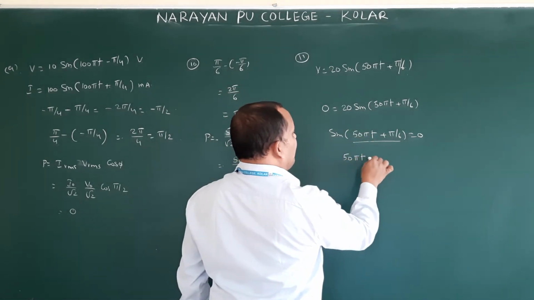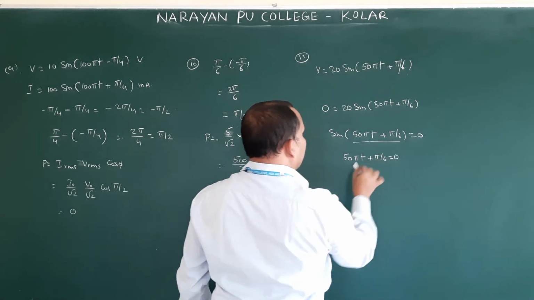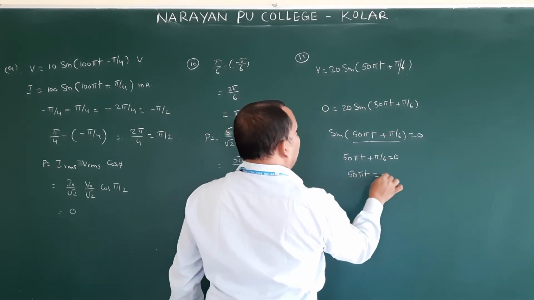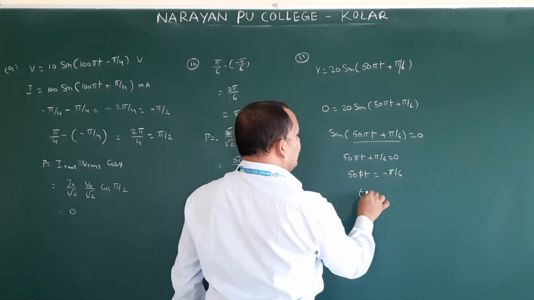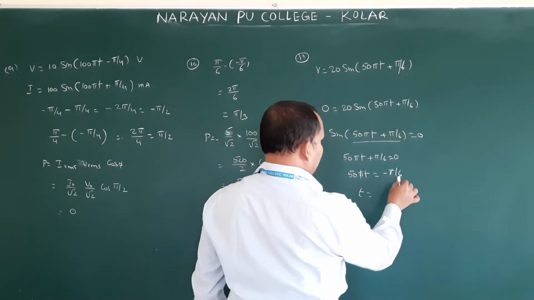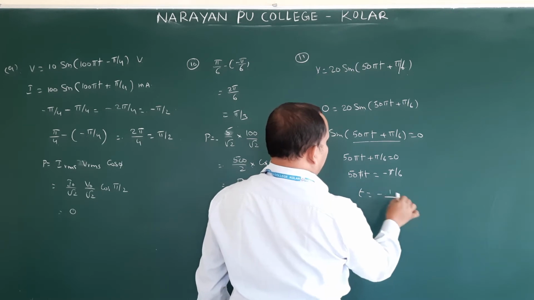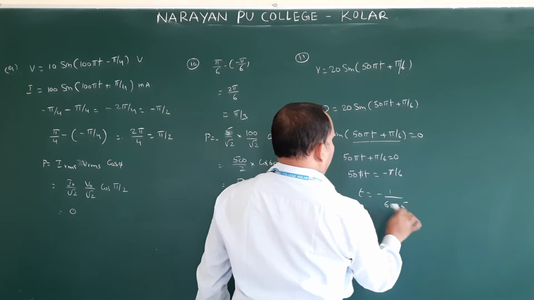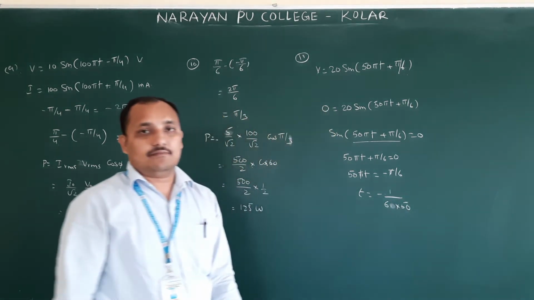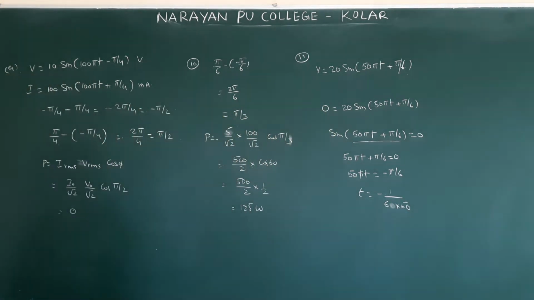So 50πt + π/6 equals 0, 50πt equals minus π/6, and π will be cancelled. t is equal to minus 1 by 6 into 50, so 1 by 300 seconds you got. Isn't it?